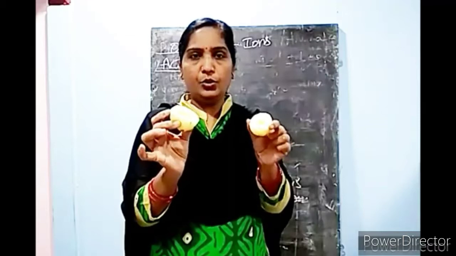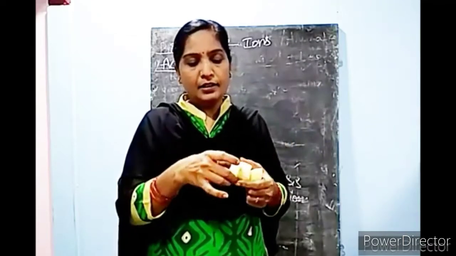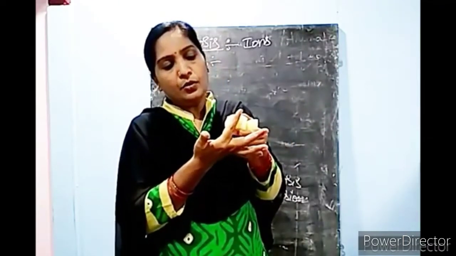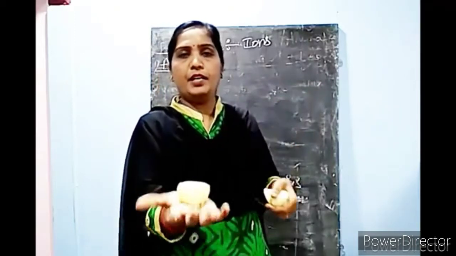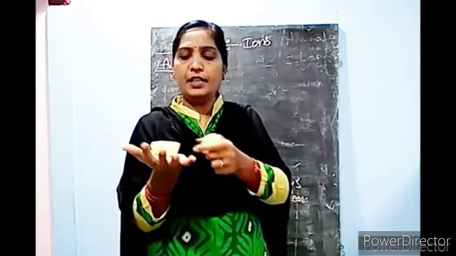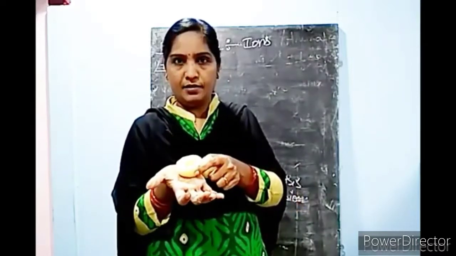So you have taken a potato, peeled it, and made it into 2 equal parts. At the bottom of this potato, cut a small slice because it gives a base and the potato can stand wherever you make it stand.